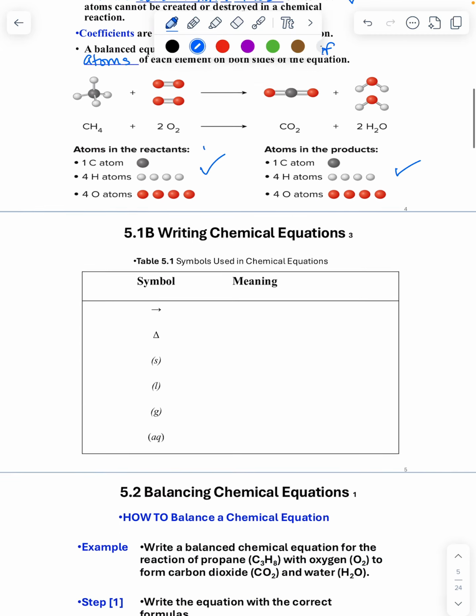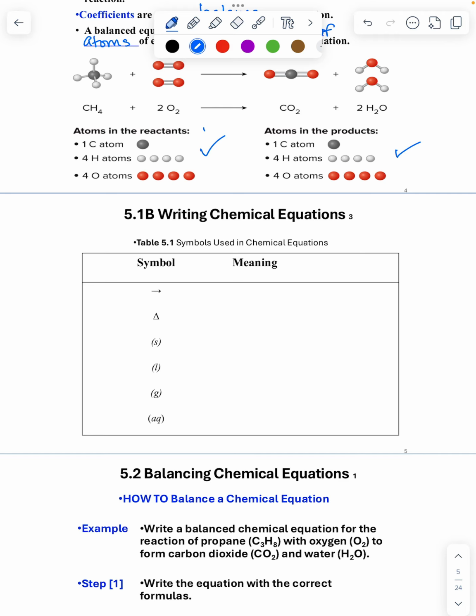There are some symbols that we use an awful lot in equations, and you need to be familiar with what these symbols are and what they mean. The arrow means yields. Some other words that you could use are produces or makes.